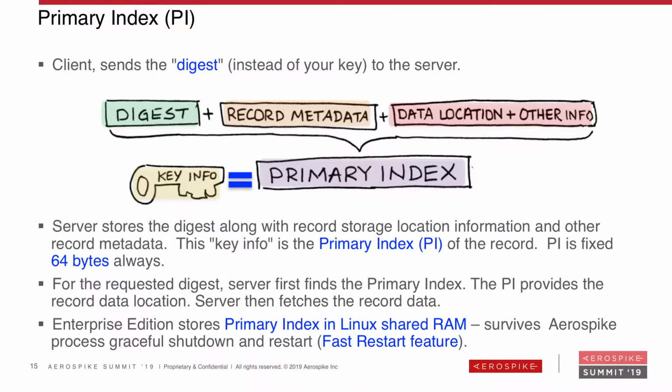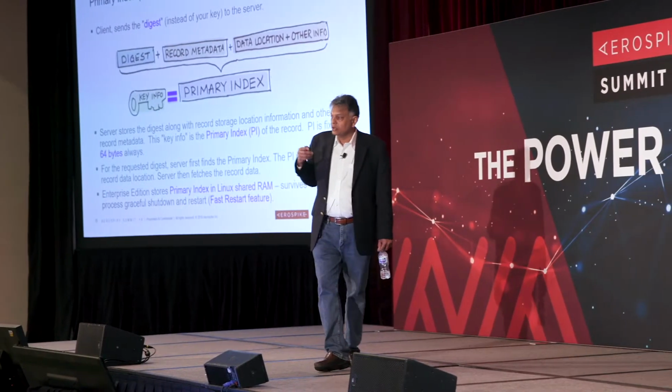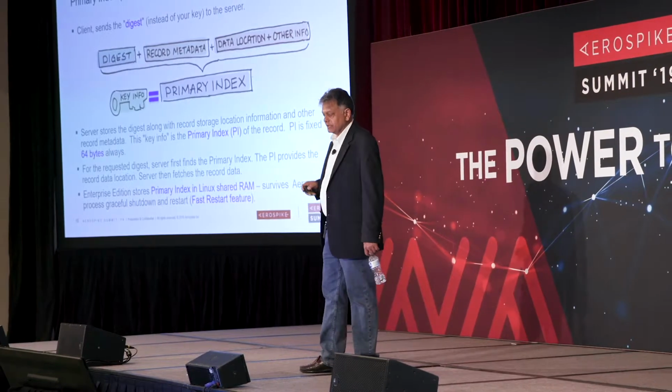And as I said, in Enterprise Edition, the primary index is stored in the Linux shared RAM. And what that does for you is it allows you to gracefully restart Aerospike and not rebuild the primary index. So that's our fast restart feature available only on the Enterprise Edition.